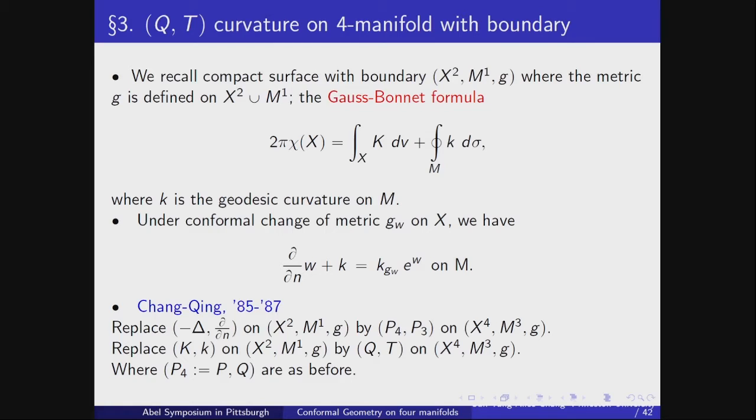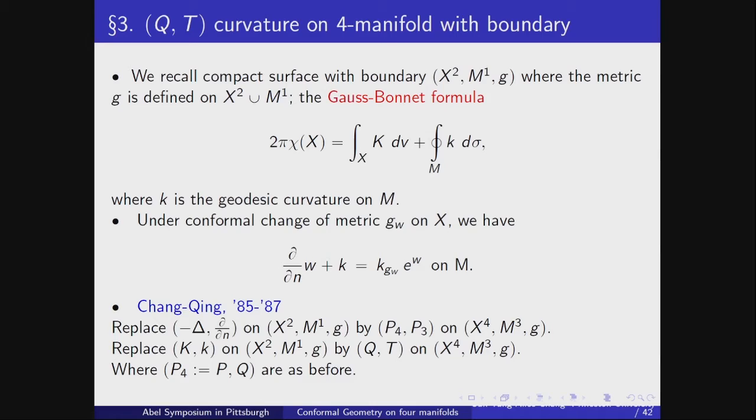With this tool, remember we use that Gaussian curvature is prescribed by the Laplace operator on 2-surfaces, and the boundary curvature turns out to be prescribed by the Neumann operator, d/dn. So the geodesic curvature is prescribed by this dw/dn, the normal derivative of a conformal factor w, plus k equal to k_g e^w.